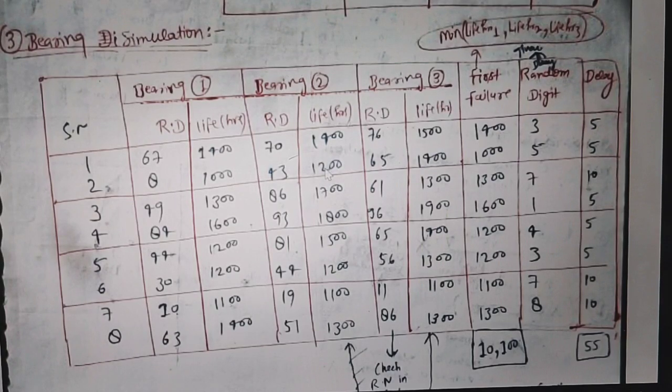For this one 1000, 1200 and 1400, so the minimum is 1000. For the third one it is 1300, 1700 and 1300, so the minimum is 1300. Accordingly we can calculate here. Now the random digit for delay is given in the question paper.